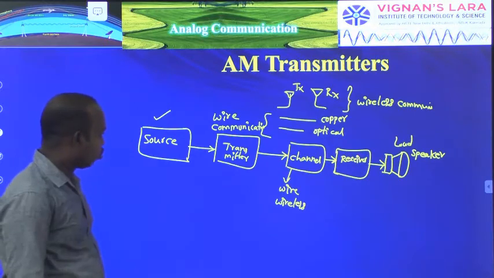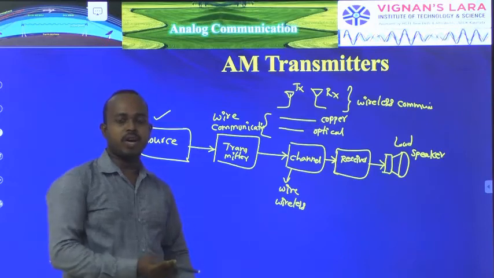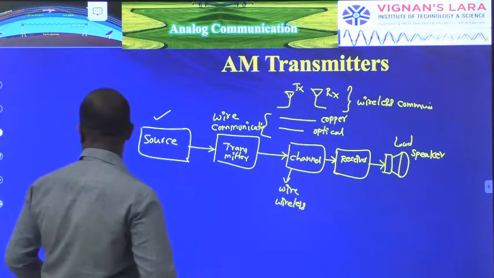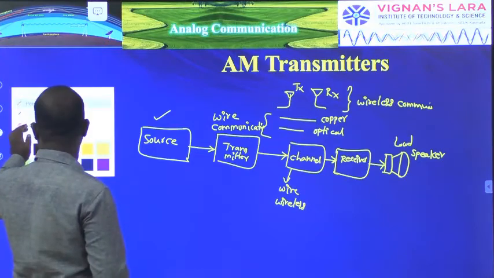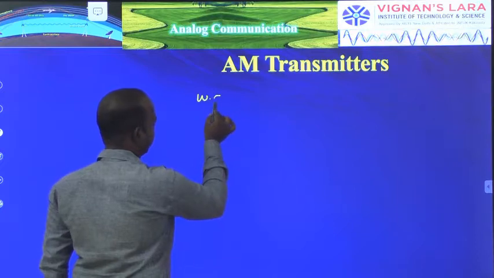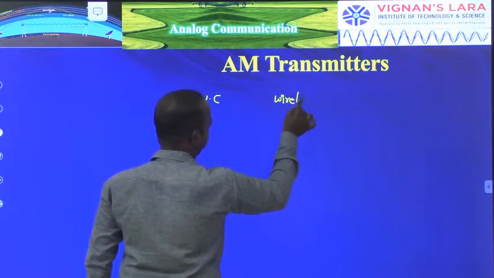Now you can see what difficulties we identify in wire communication as well as wireless communication. Now see here, the wire communication and wireless communication.